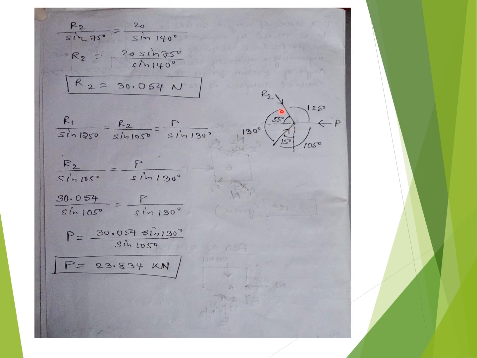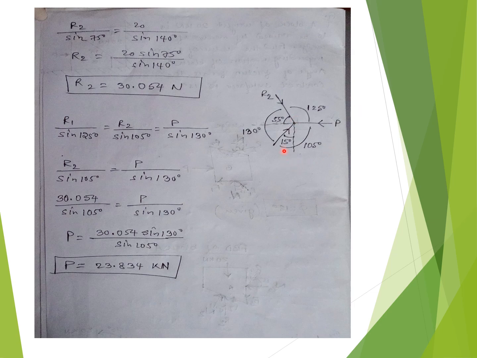Again, we need to find the actual P. R1 by sine of 125 degree, with the help of Lami's theorem. The force acting is always proportional to the sine of the angle between the other two forces.